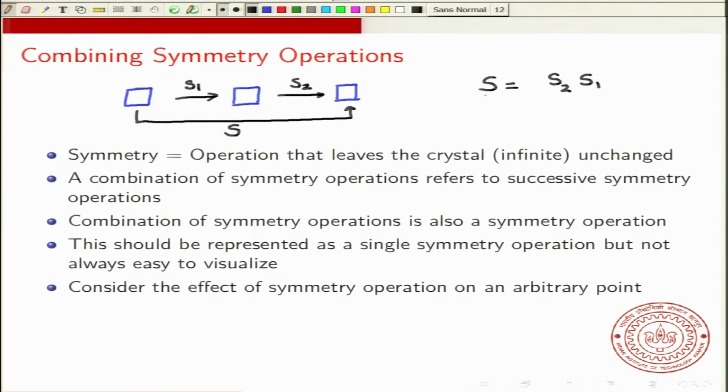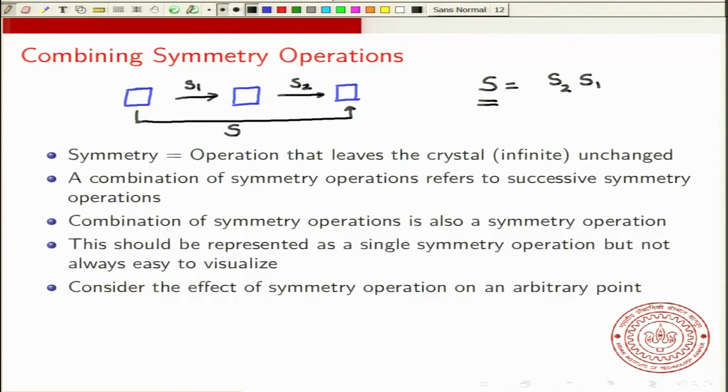Now, sometimes you can easily see what this combination of symmetry operations is. Sometimes it is not easy to visualize what this combined symmetry operation is. And a general way to look at symmetry operations and to see how the product of symmetry operations acts is to consider the effect of a symmetry operation not on the entire crystal, but on one point in the whole crystal.